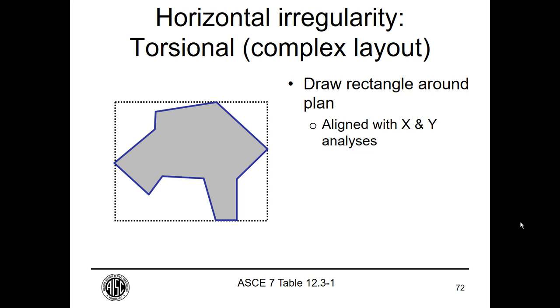If you're doing X and Y analyses, draw a box that's aligned with the X and Y axes and pick the corners of that box for your irregularity checks. It doesn't matter if the building doesn't actually reach those corners, you'll get the same torsional factor as if you used points that are on the building at the maximum of X and maximum of Y.